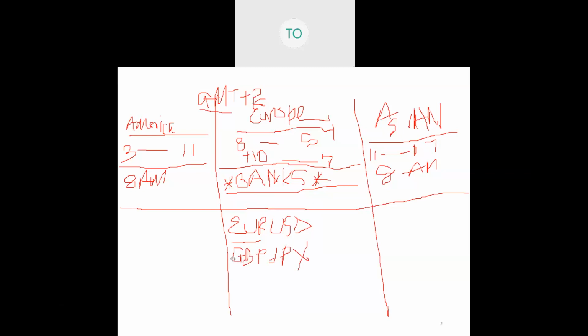Okay, so during the European session, the currencies to watch are the ones where the first currency is European by nature, like GBP, Euro, and the Swiss franc, CHF.